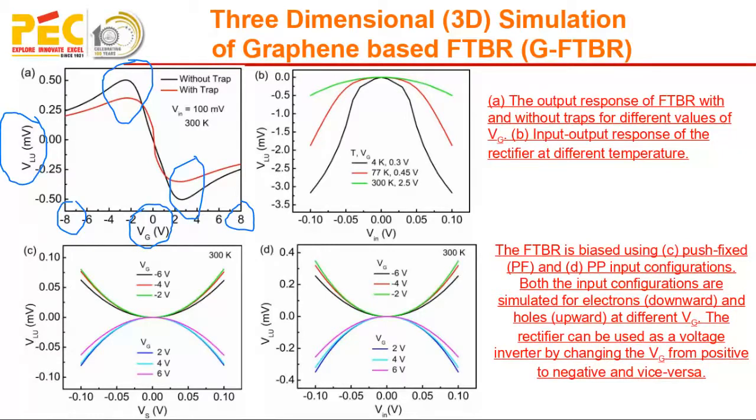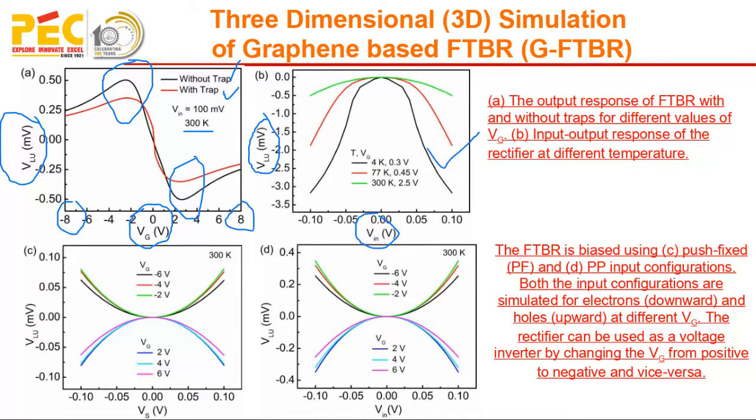Both potentials are mirror images of each other. Here the response has been simulated for two things, first with the trap and another without trap at room temperature. So if we plot the response between the output terminals and the input terminal, we are getting the rectifier type of characteristic.